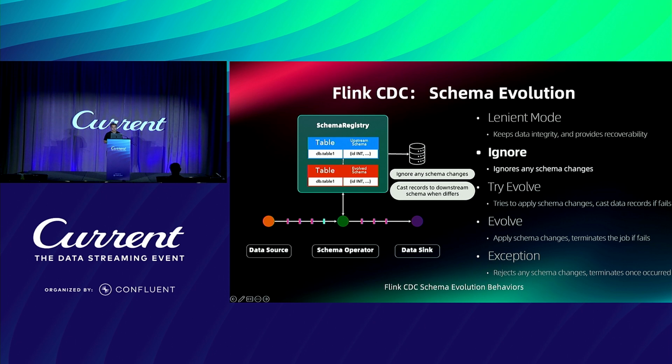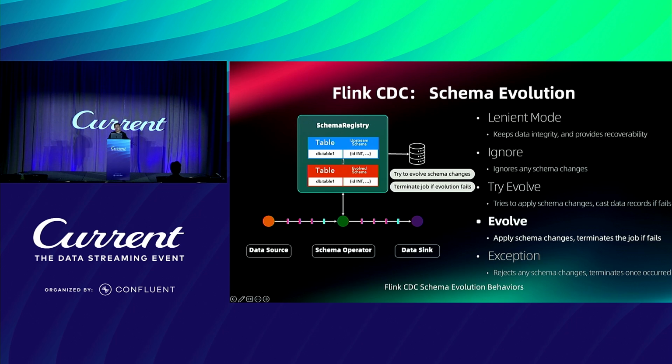The ignore mode will ignore all schema changes and keep the original schema. It works like your Flink SQL job. The try evolve mode will try to apply the schema change first and then fall back to casting the data change event as much as possible when an error happens.